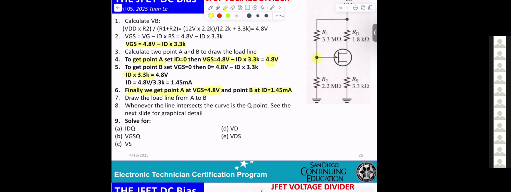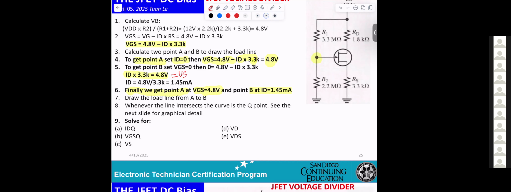ID times 3.3, that means that will be VS, ID times RS.